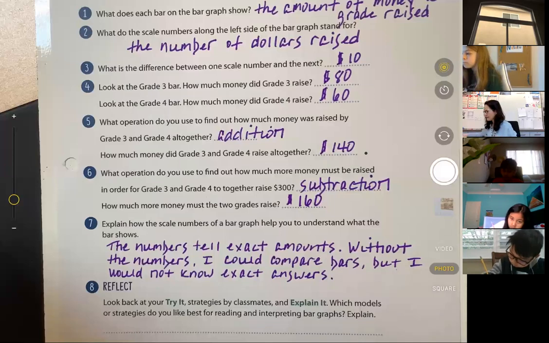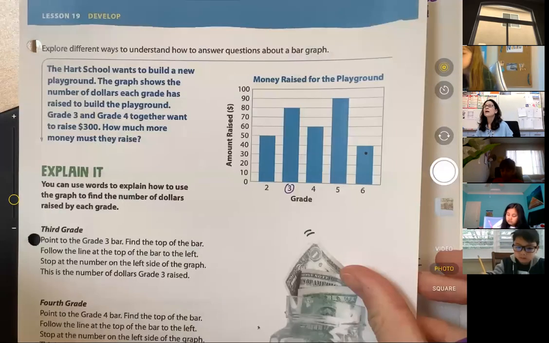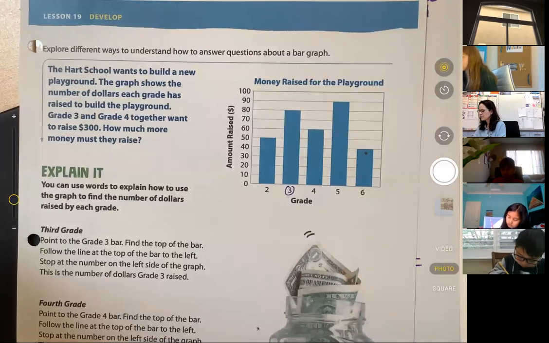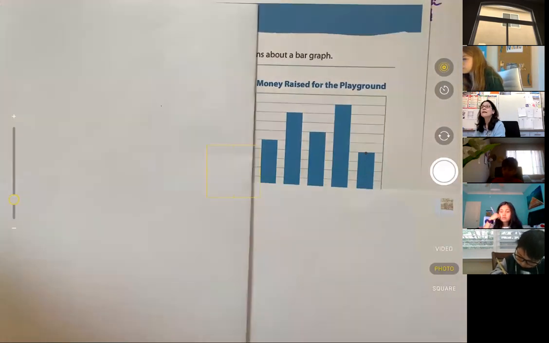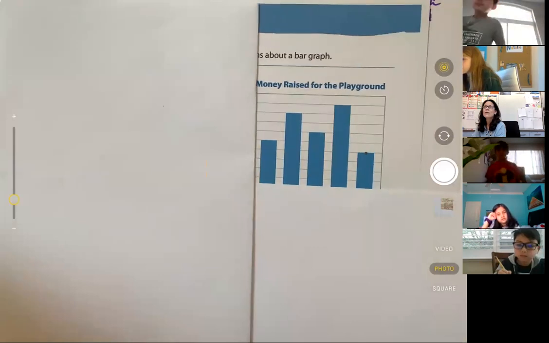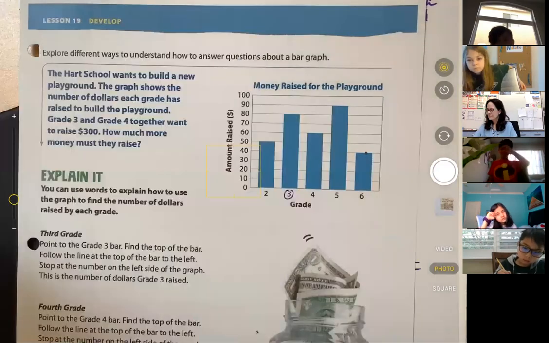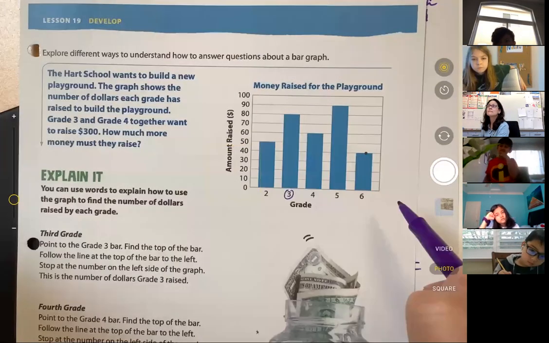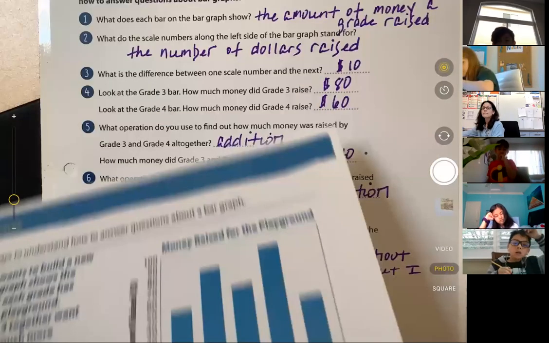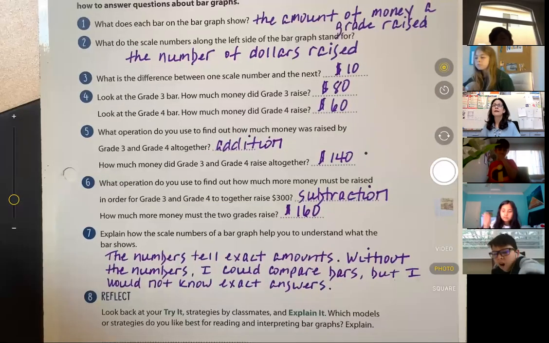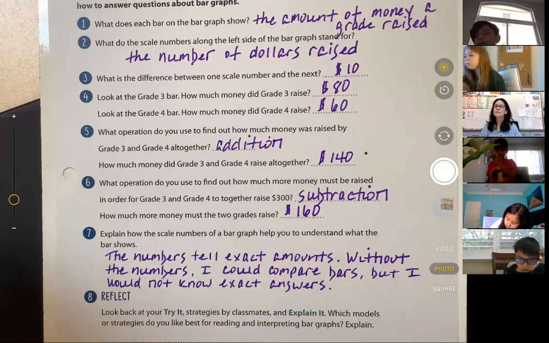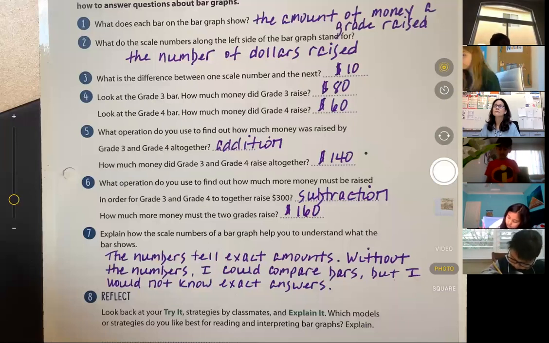If you were given this graph, and that's what it looked like, without the scale, this would mean nothing. It's just a bunch of lines. This is what makes it a bar graph. So again, the numbers tell exact amounts. Without the numbers, I could compare bars, but I would not know exact numbers.